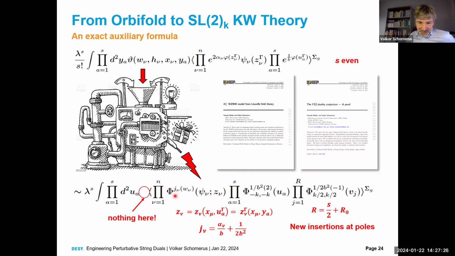That's the ones that appeared on the previous slide. And so you see, of course, that there's fields associated to the branch points Z nu, so this is the same as Z nu gamma. So these are the fields associated with these.